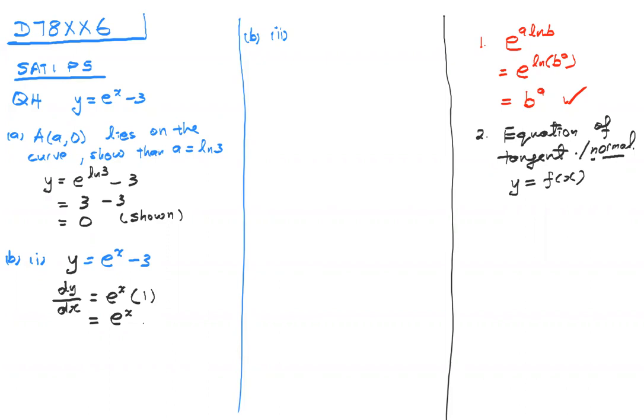I will show it to you now. So first, you have to find dy dx, that is f prime x. Why must I find dy dx? Because it's the gradient of the tangent. Yeah, because this is a gradient function of the tangent.